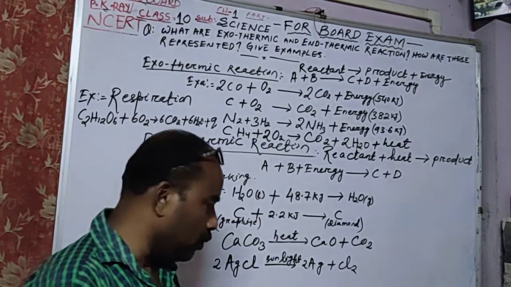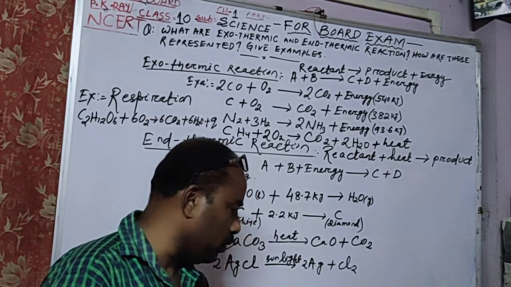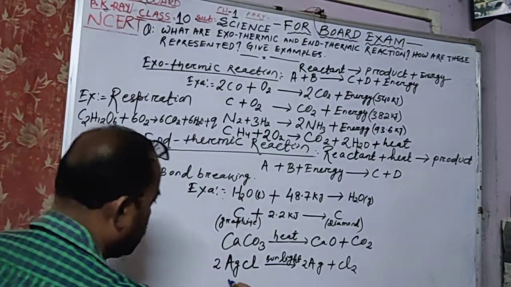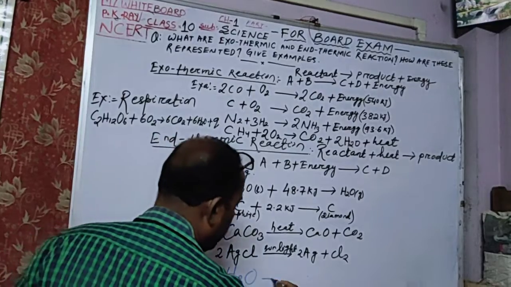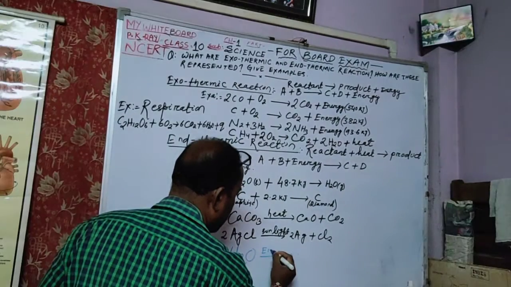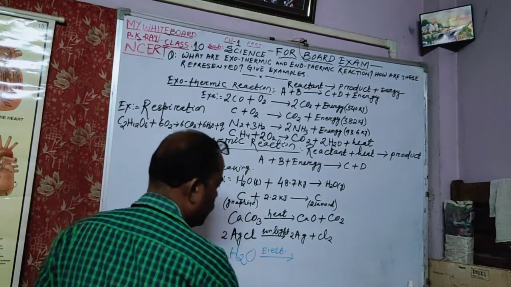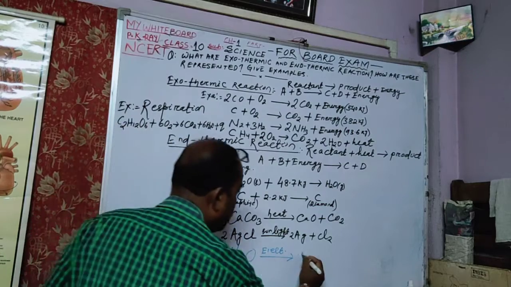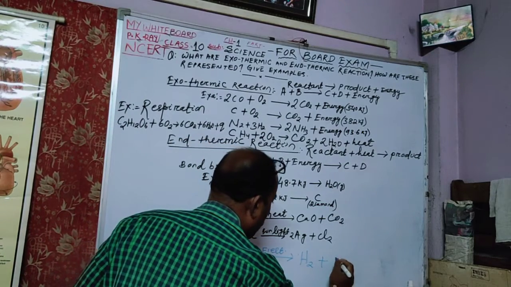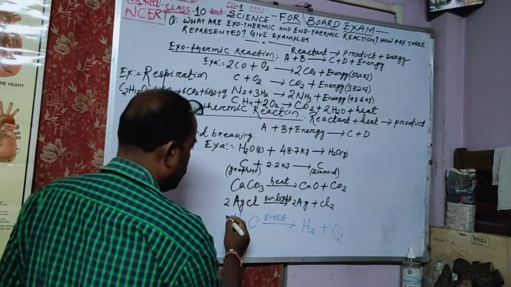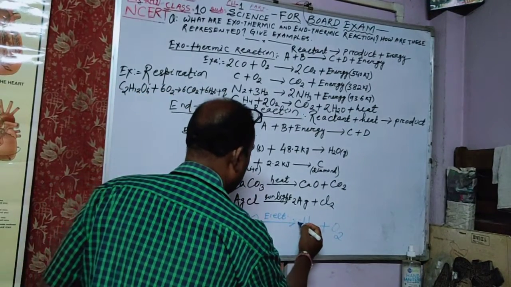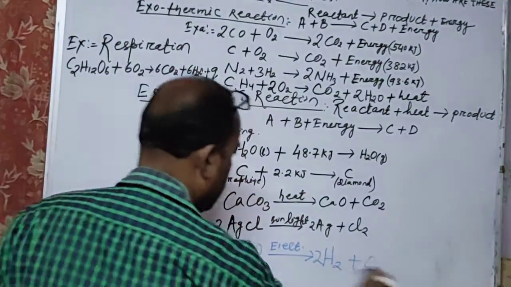If we take one example, suppose you see here, H2O. Then if we give electricity here, then what will happen? Then H2 plus O2 will be formed, balanced with 2 and so on.